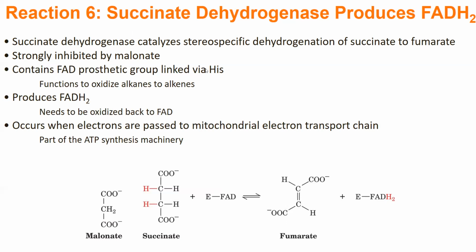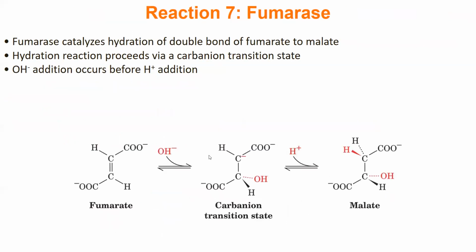All right, so we are now at fumarate. Our next step is to make malate. And this is done by the enzyme fumarase. And the difference between fumarate and malate is that you simply get an OH group on one of your carbons.